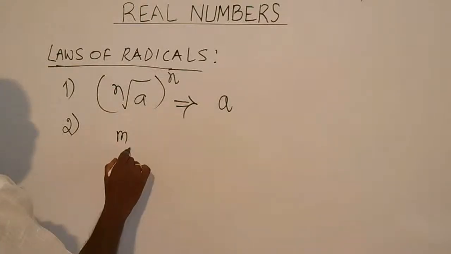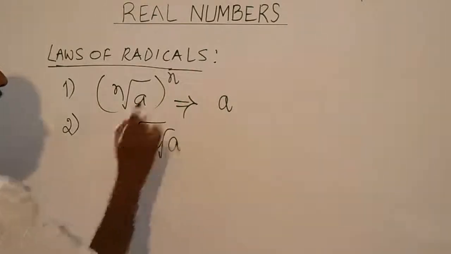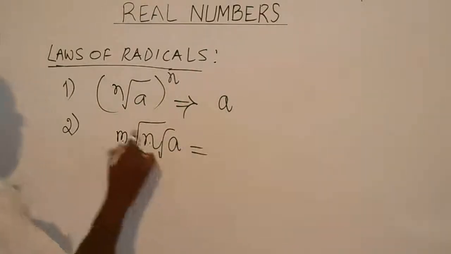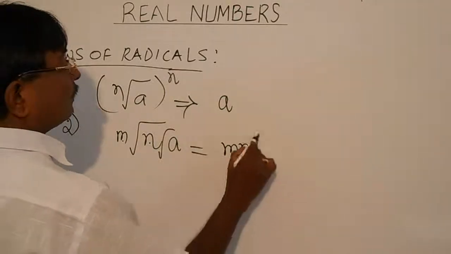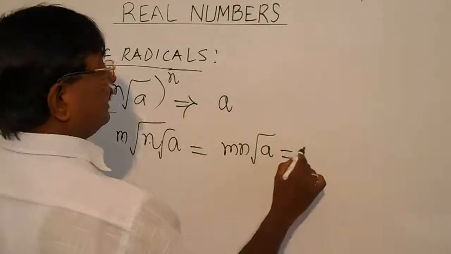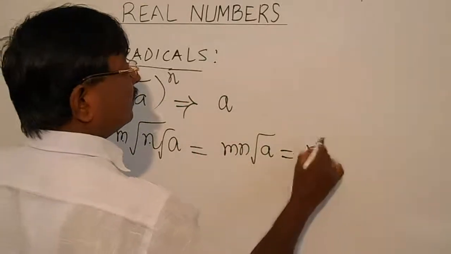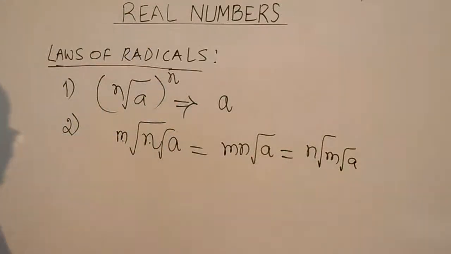M root n root a can be expressed as m into n, that is mn root a, which can again be interchanged as n root m root a. Okay.